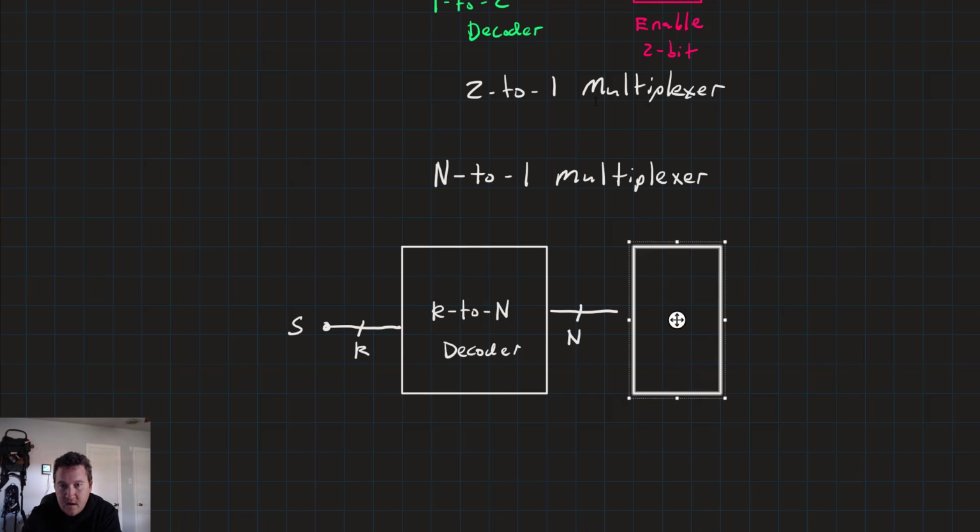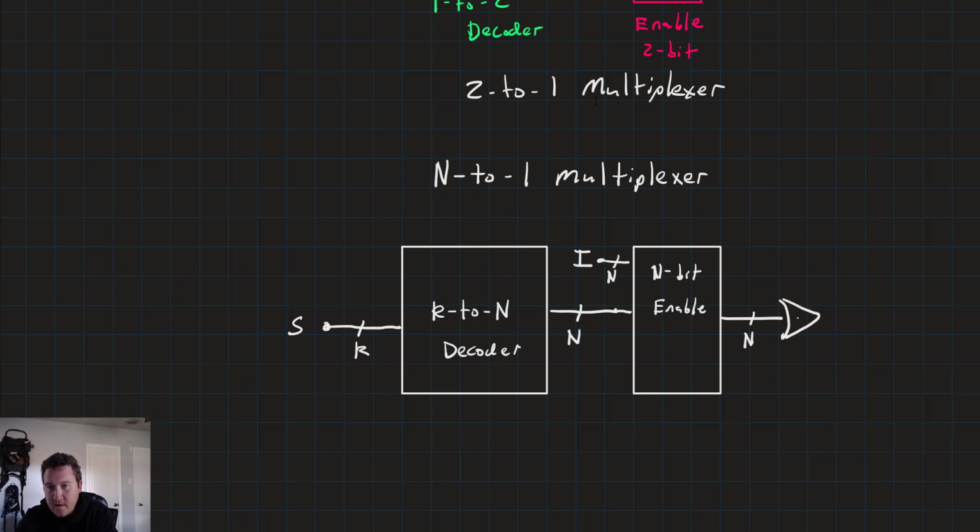And we'll feed that n-bit decoded signal into an n-bit enable, along with n bits of input that we want to select. And the output produced here is also n bits. Every input is enabled with every select output from the decoder, and all of that feeds into an OR gate to get us our output Y.